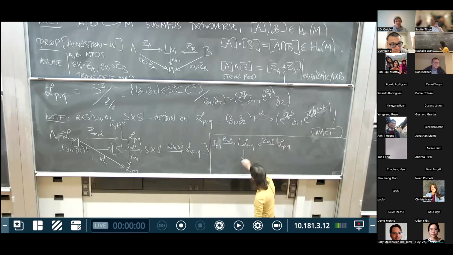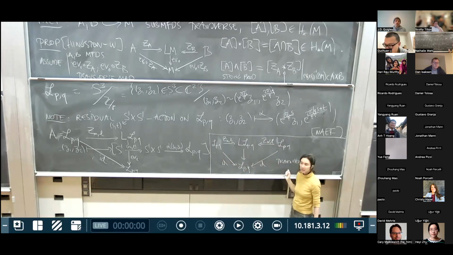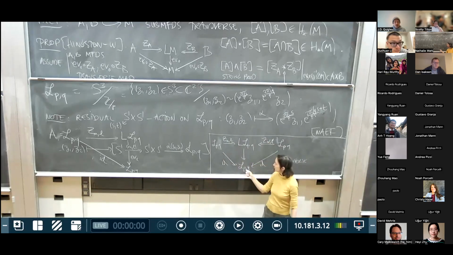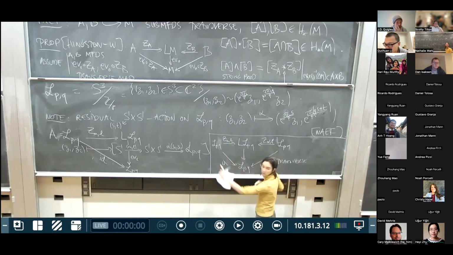When I evaluate it at LPQ, I get the identity. So they are happily transverse, they're doubly transverse, they're as transverse as they can be, and their intersection here is just a diagonal inside LPQ cross LPQ.